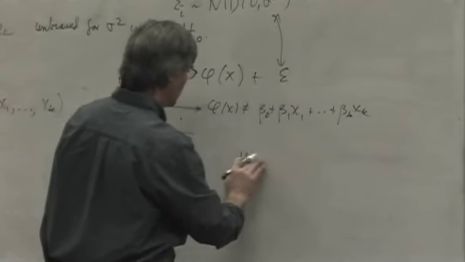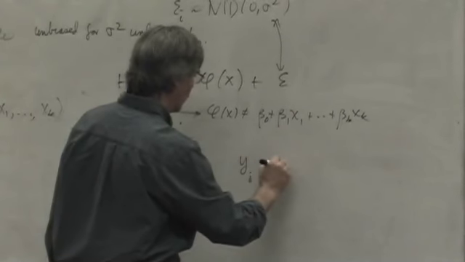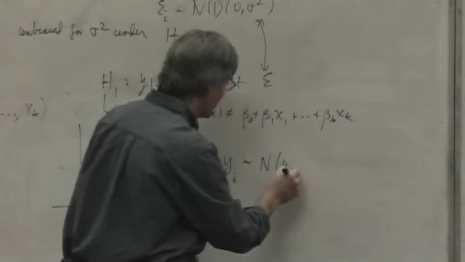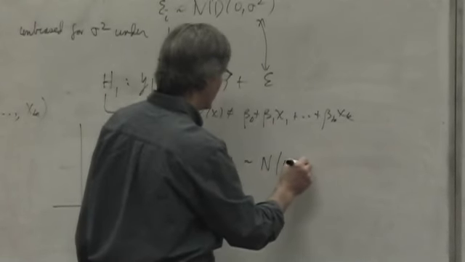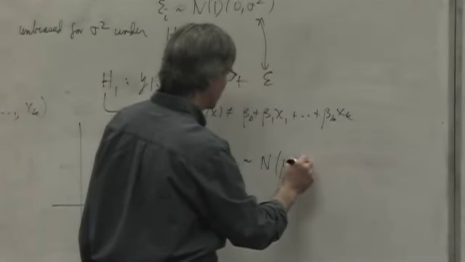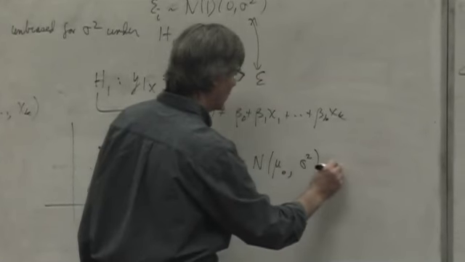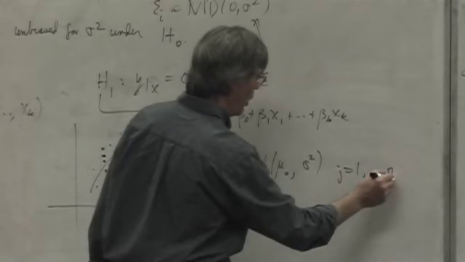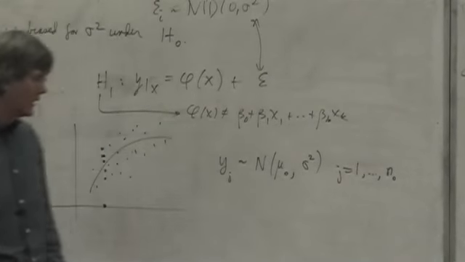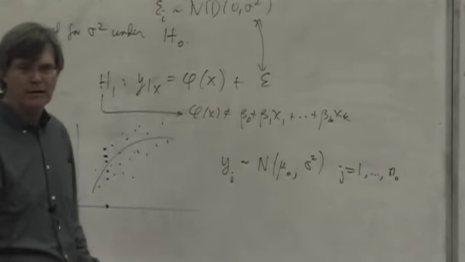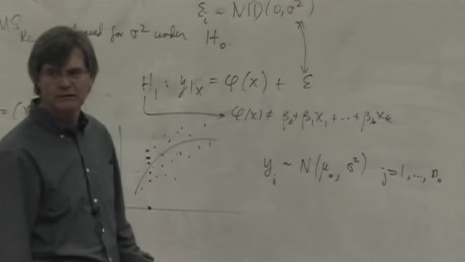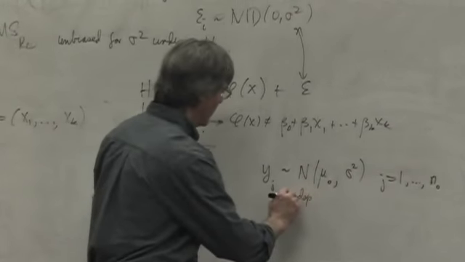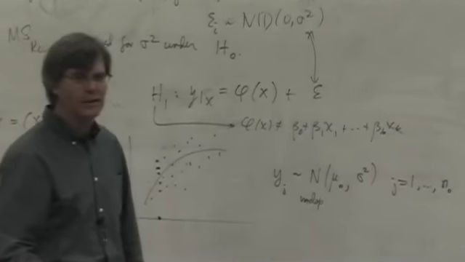So if I have y_j is normal with mean mu naught, okay, and variance sigma squared, j goes from 1 to n naught, then how would I estimate sigma squared from that? These are independent. Even if they weren't normal, I could still estimate it.